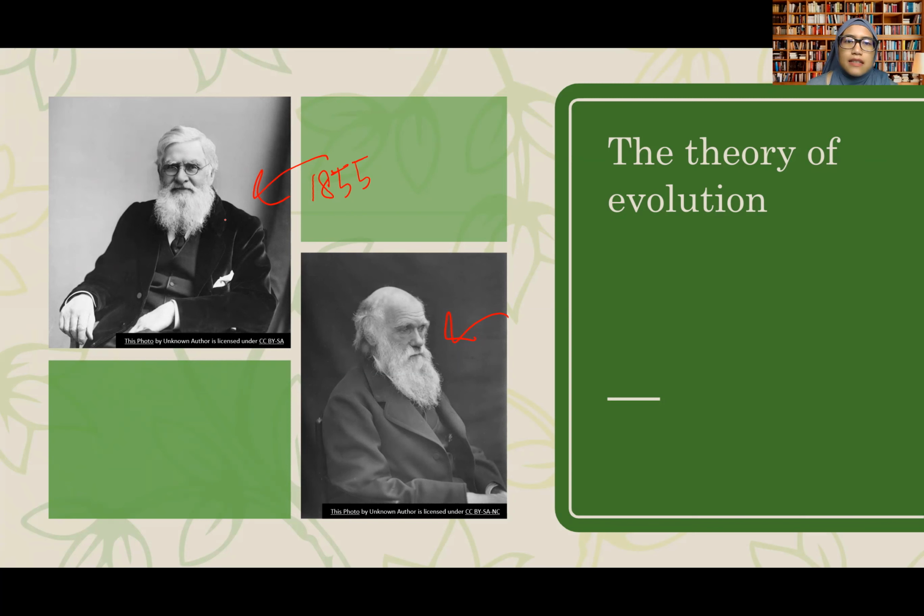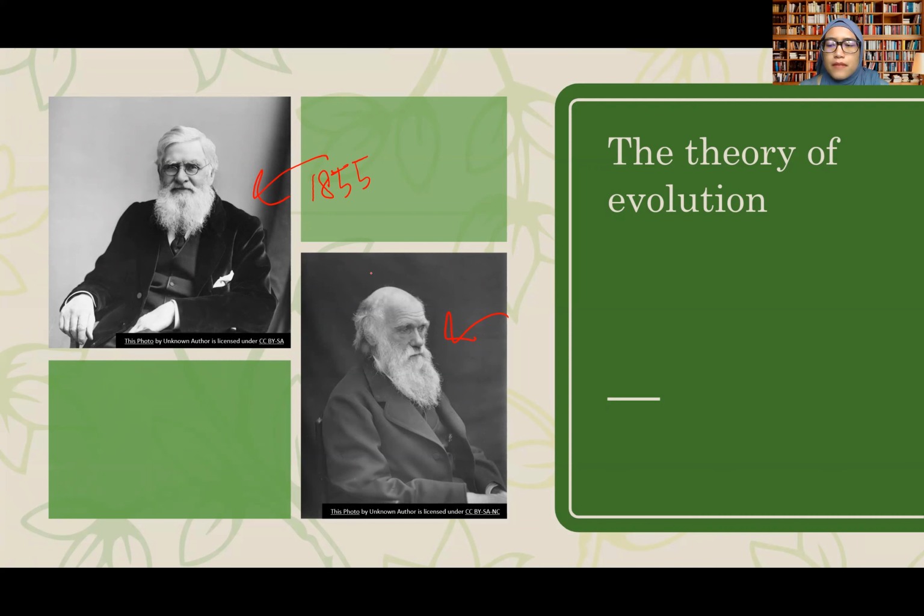And then in 1855, Alfred sent a letter to Darwin saying, okay, let's work together, I know that you are working on the same thing too. So they worked together on the theory of evolution. The theory of evolution is actually the work of both of them.